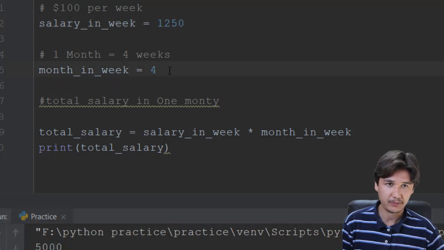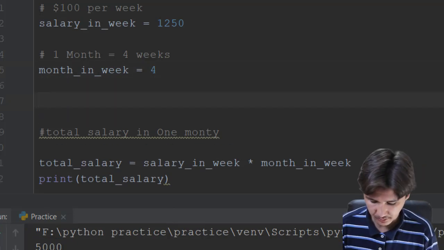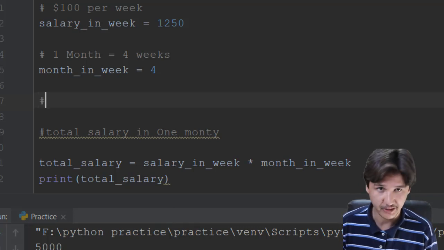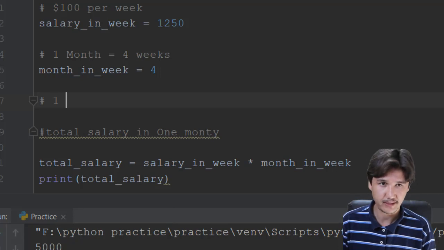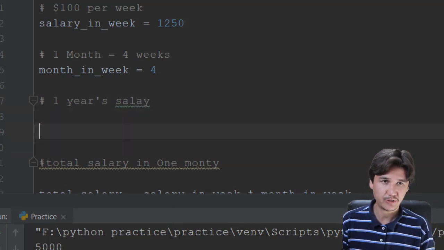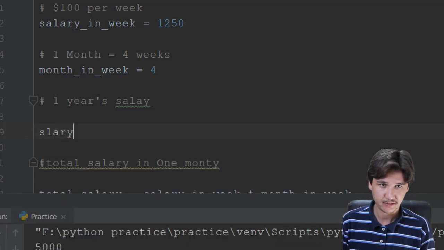Now how about if I'm going to write that in year? For example, how much am I earning in 1 year? I should write month, salary in month, which we got.